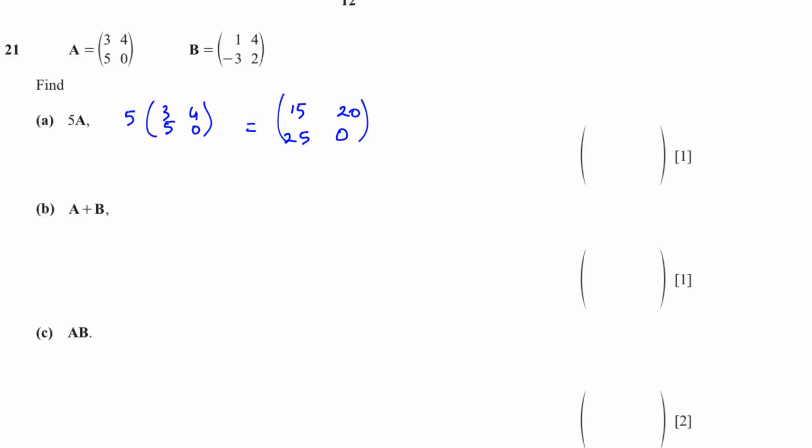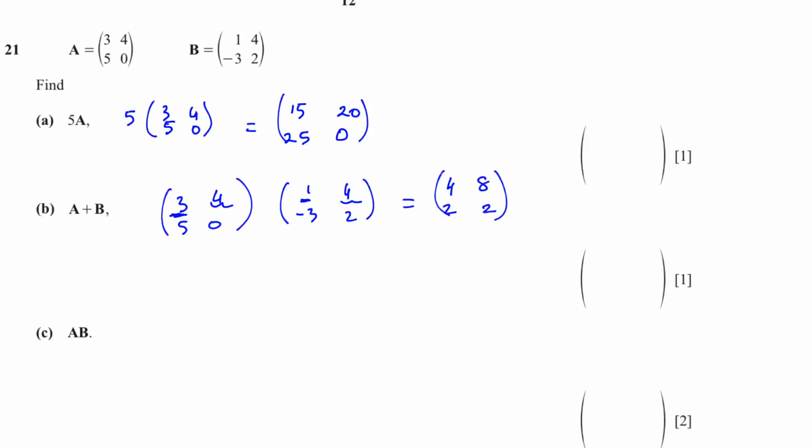The next one in B, you have A plus B. So 3, 4, 5 and 0, and 1, 4, negative 3, 2. We have to add the numbers in the same position. So 3 plus 1, 4, 4 plus 4, 8, 5 minus 3, 2, and 0 plus 2, 2. So this is your answer for B.